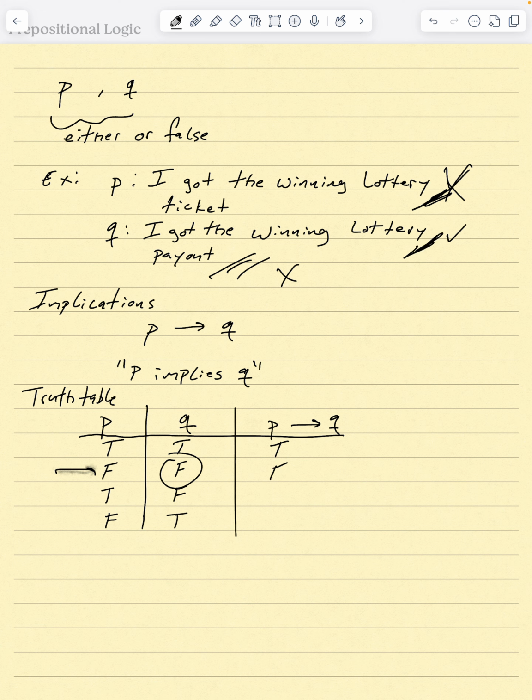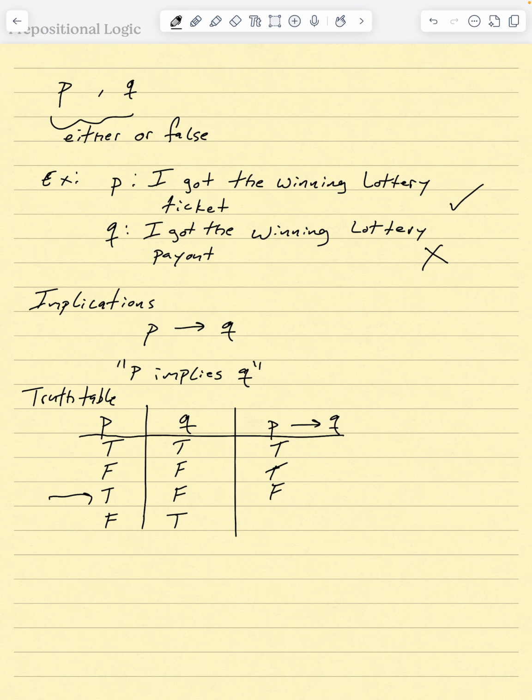Those are the rules of the arrangement, so you don't feel slighted there. Something like this, P is true, Q is false, would mean that you did get the winning lottery ticket, but you were denied the payout. That's where you feel like you were done wrong, done dirty. P implies Q is false there.